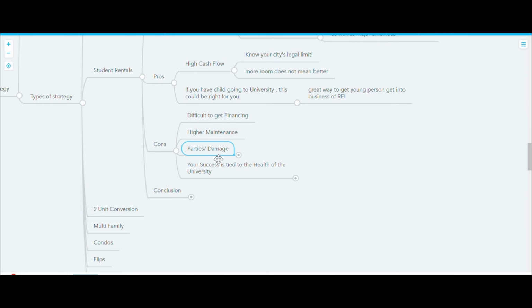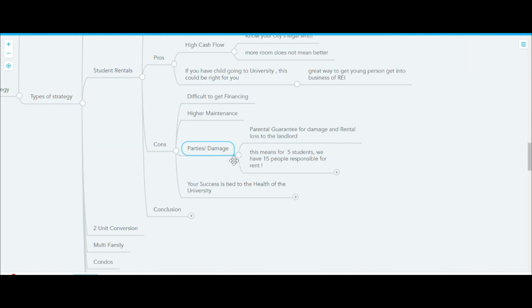A lot of people think with student rentals you are just waiting for troubles because they will have parties or they could cause a lot more damage. But this really depends. In my experience, if your property is clean and well suited for student rentals, this kind of stuff should not happen.